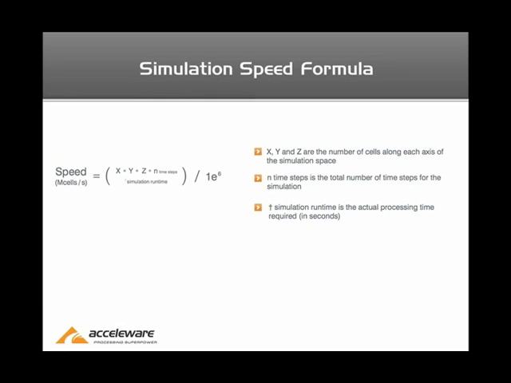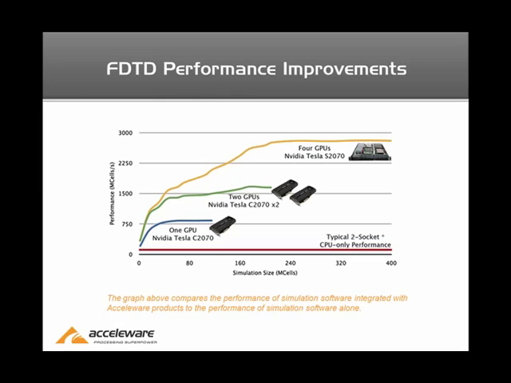The next slide shows the results of porting or running FDTD on a massively parallel platform such as the GPU. In this case, what we're comparing is the performance of 1, 2, and 4 NVIDIA Tesla GPUs against a 2-socket CPU-only performance. So using the CPU as the baseline, how much faster can we go on the GPU?